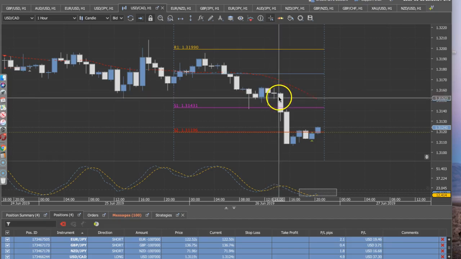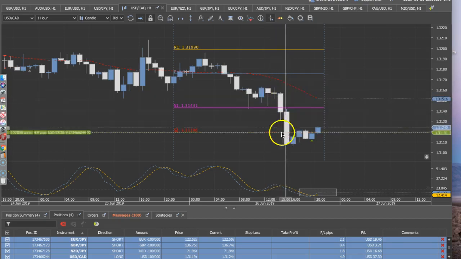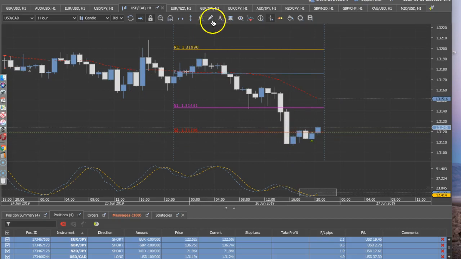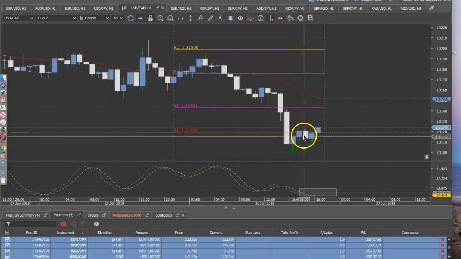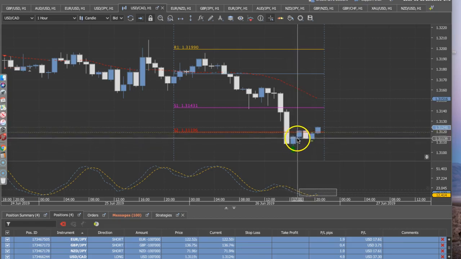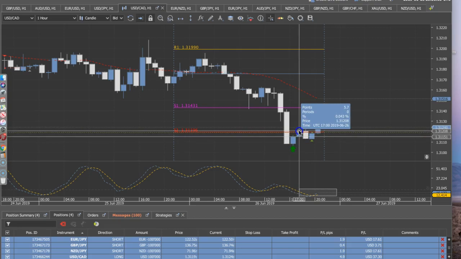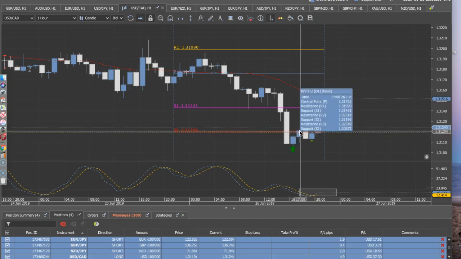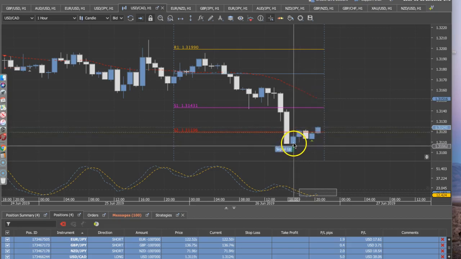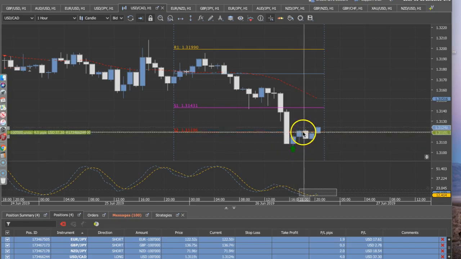So here's 1, 2, 3, 4 bearish candles followed by a bullish candle. That's my alert. And my buy trigger is when price goes up about 6 or 7 pips above this color change candle. So that's the entry.